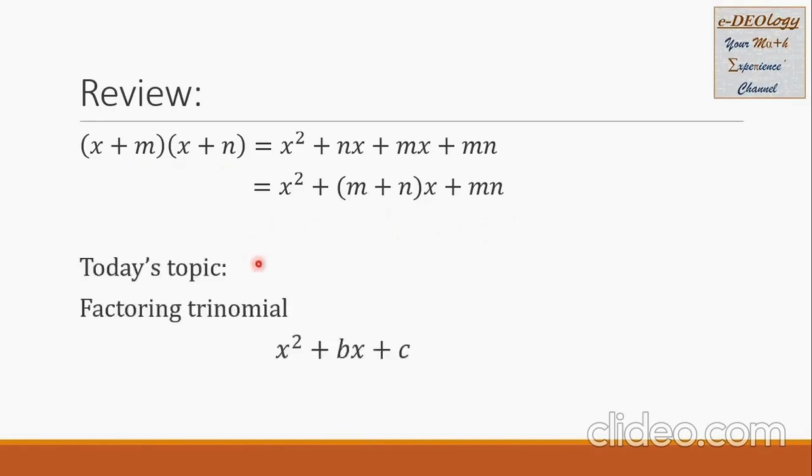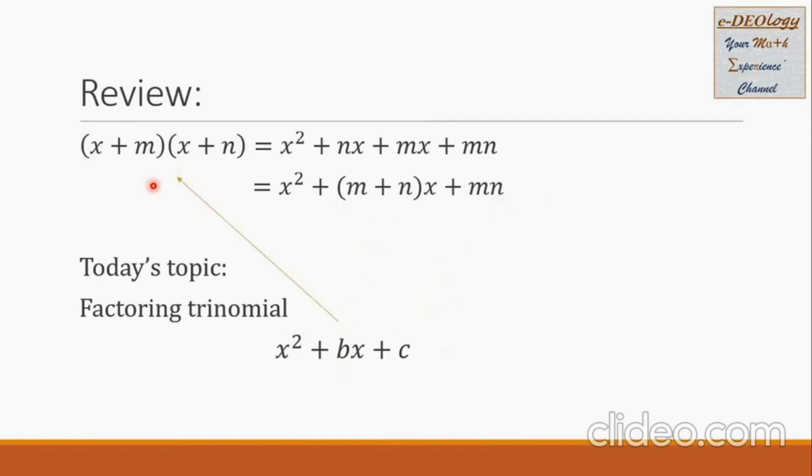So for today's topic, we're going to factor trinomials in the form x squared plus bx plus c. To compare with our review multiplication on top, I can say that the b here is equal to that m plus n, and the c, or the constant, is equal to that product m times n.